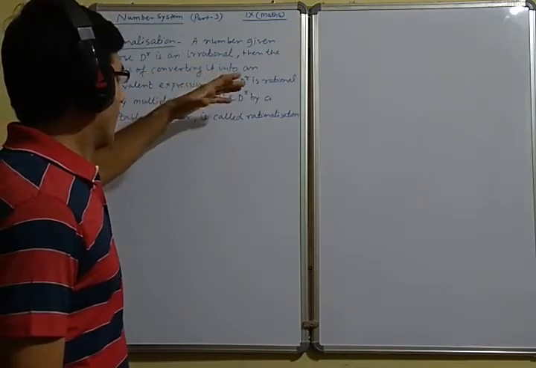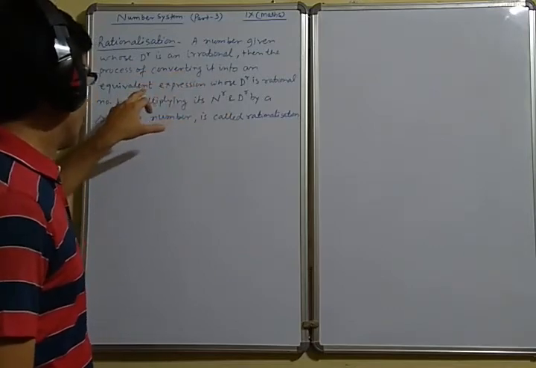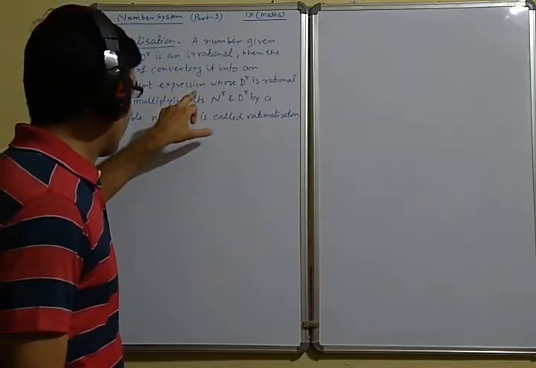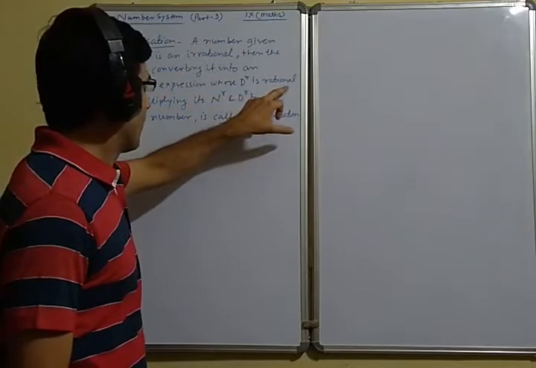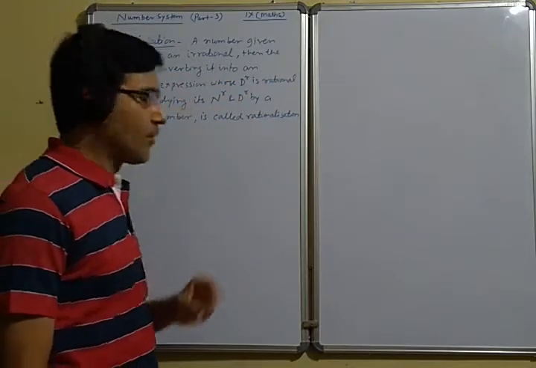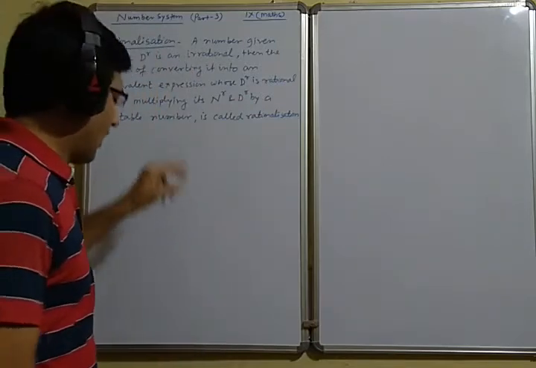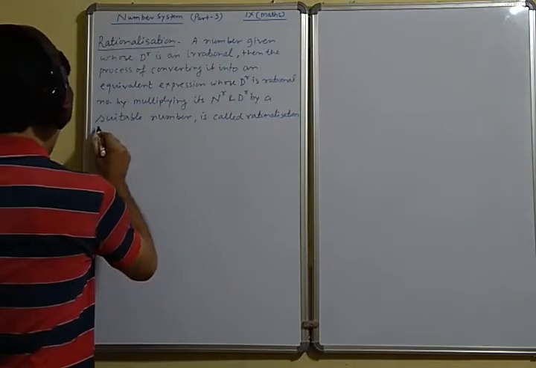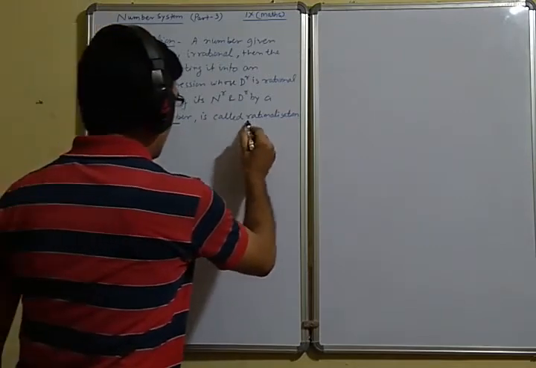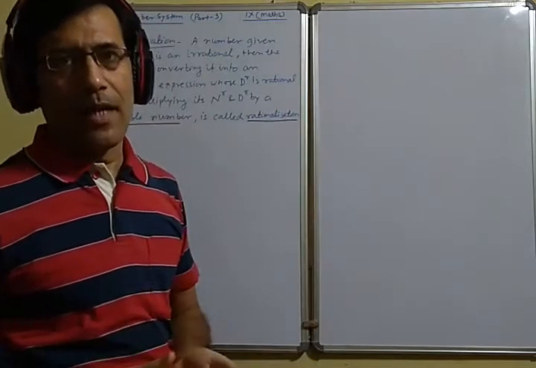Then the process of converting it into an equivalent expression whose denominator is a rational number, by multiplying its numerator and denominator by a suitable number, is called rationalization.